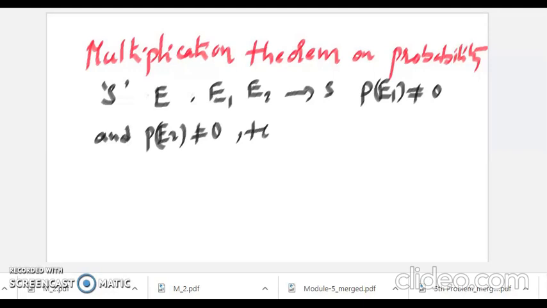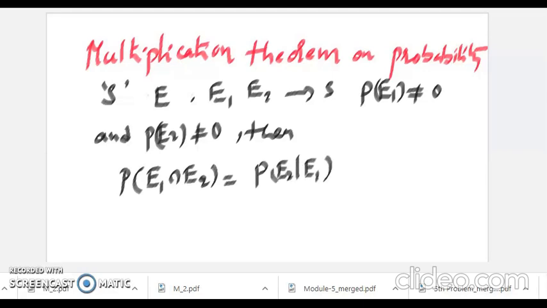Then we have the formula P of E1 intersection E2 is equal to P of E2 divides E1 into P of E1.